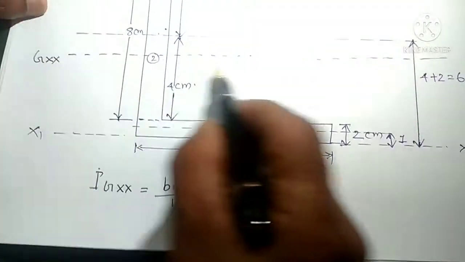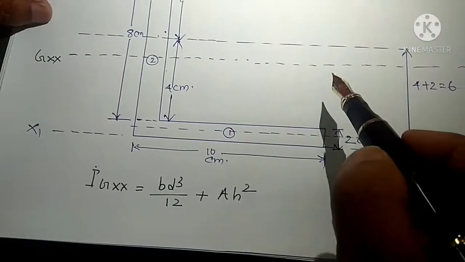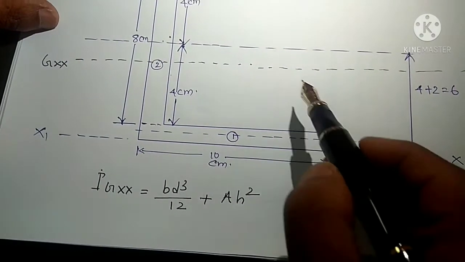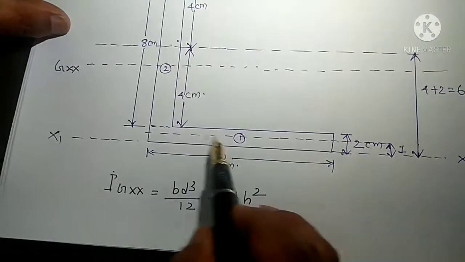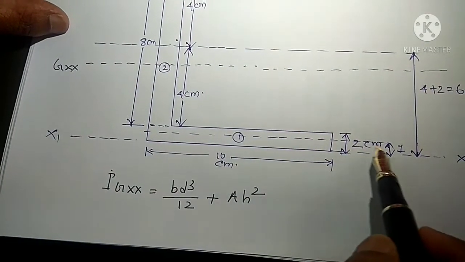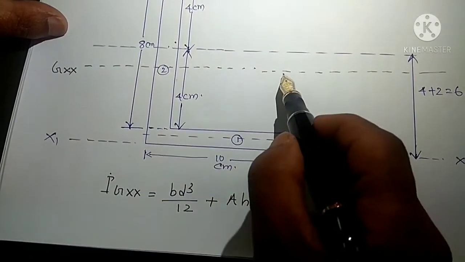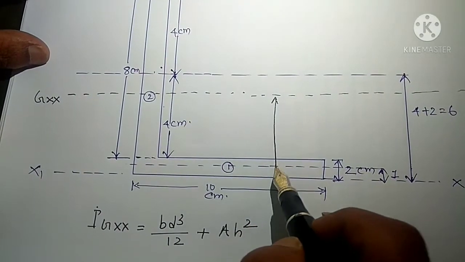So with respect to this new reference axis, you have to find the distance between that axis and the horizontal centroidal axis of the first component. So you have to find this distance.